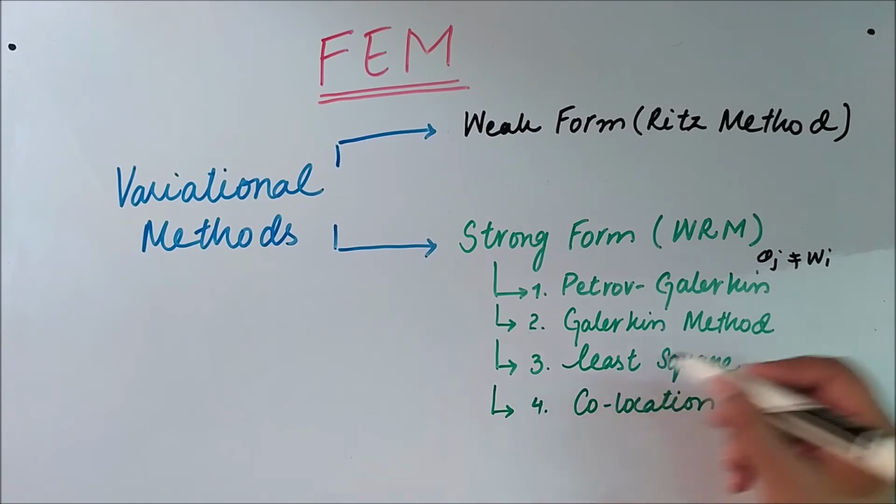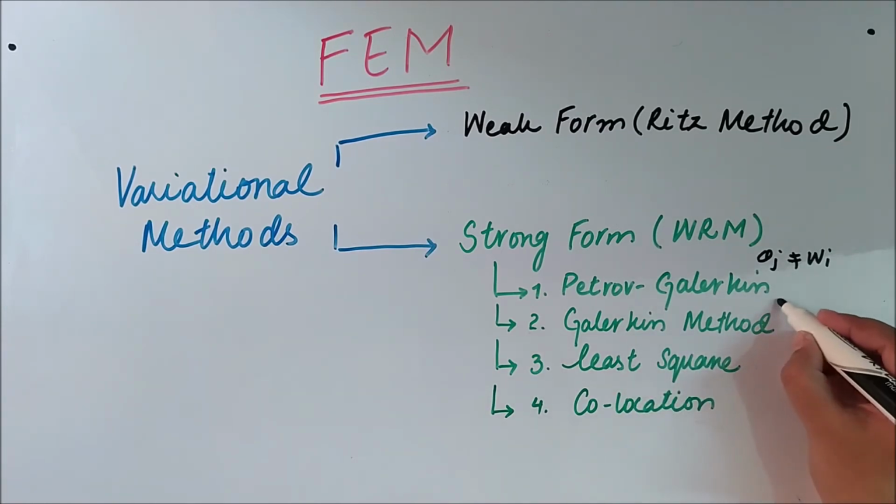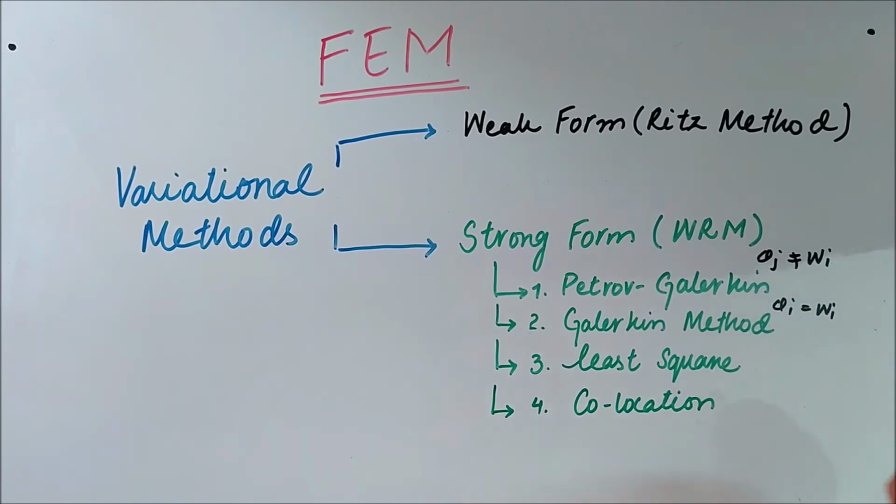In the Galerkin method, the shape function is equal to the weight function, so there is no need for two different functions; the shape and weight function need to be the same. But there's a question: why is the Galerkin method different from the Ritz method, or the weak form, in which we have this approximation that the shape function is equal to the weight function?